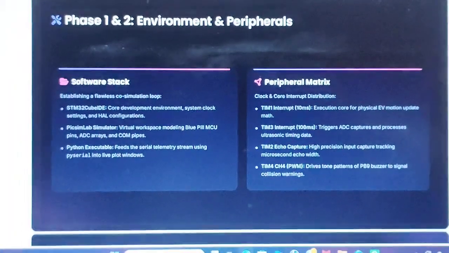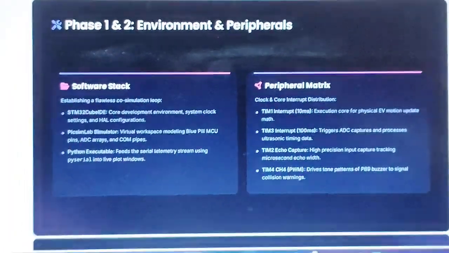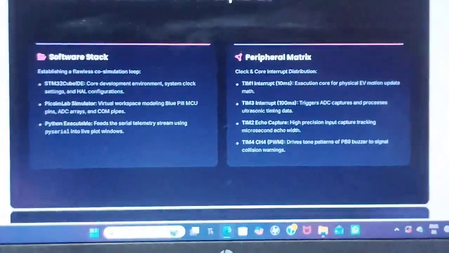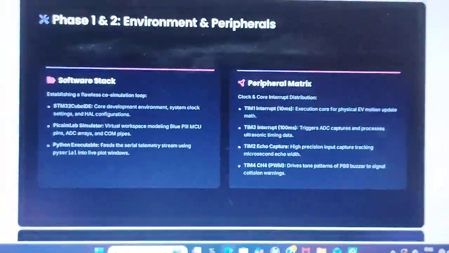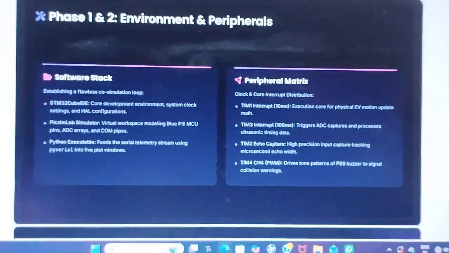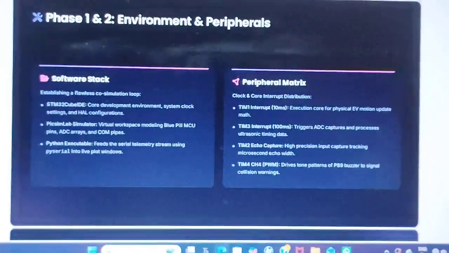Next you see phase 1 and 2, environment and peripherals, the software stack establishing a flawless co-simulation loop. STM32CubeIDE is the core development environment for system clock settings and HAL configuration.